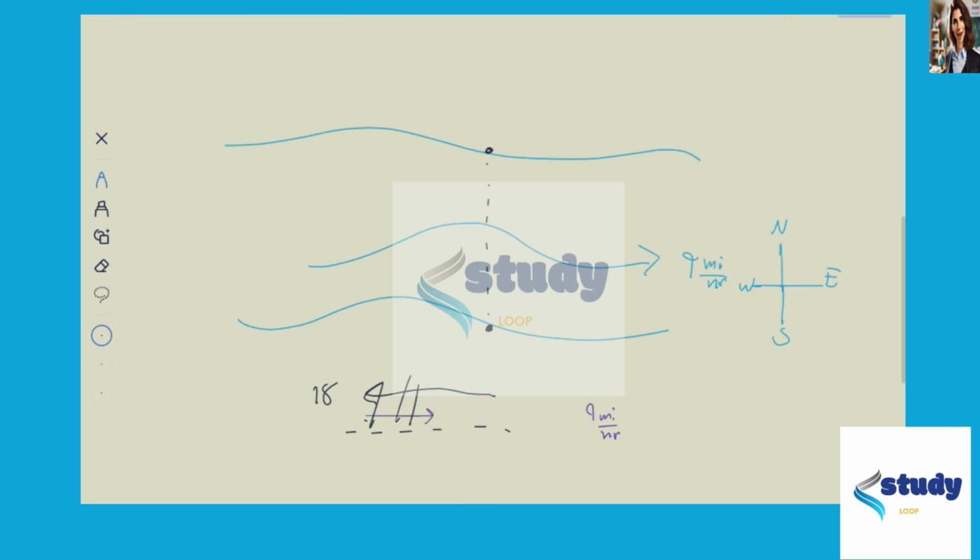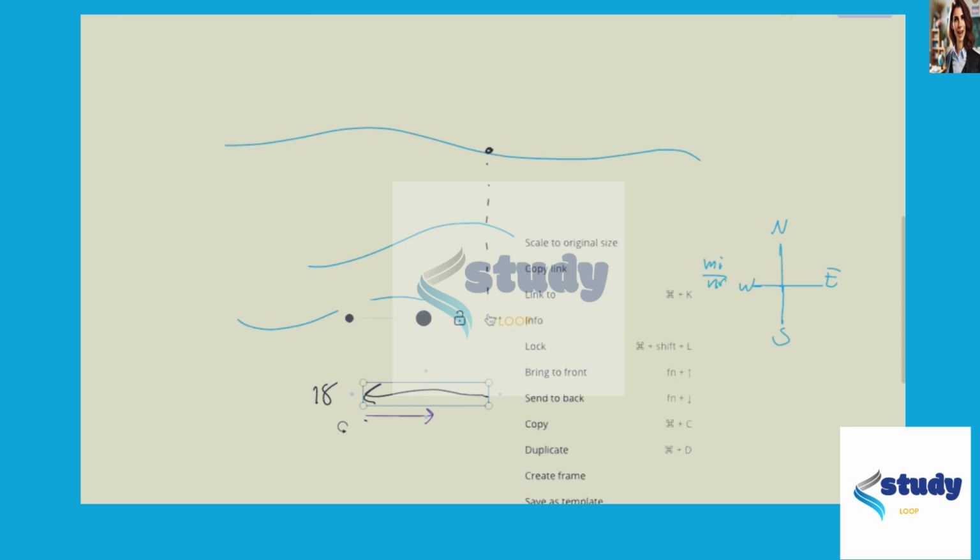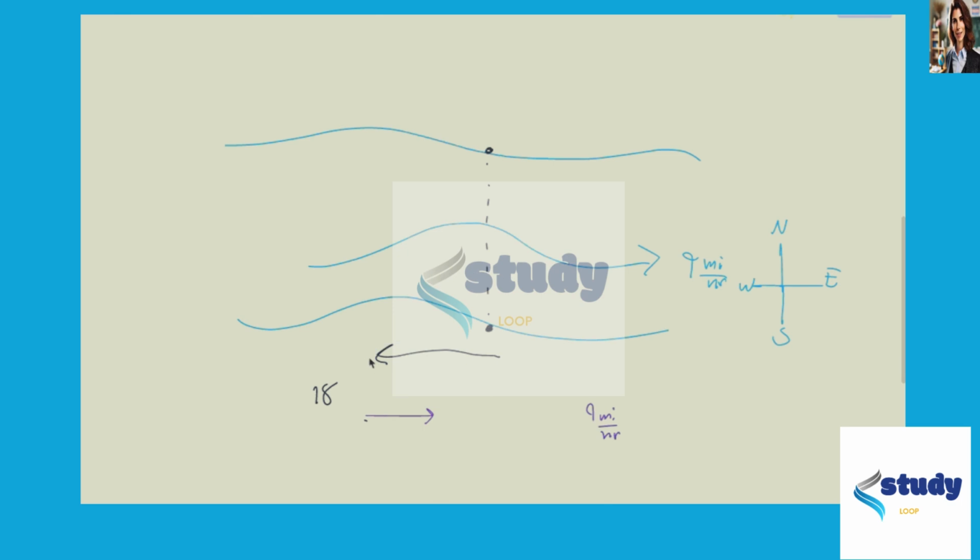So what we need to do is angle our velocity vector such that when we do tip to tail, the westward velocity we created cancels out with the eastward velocity of the river.